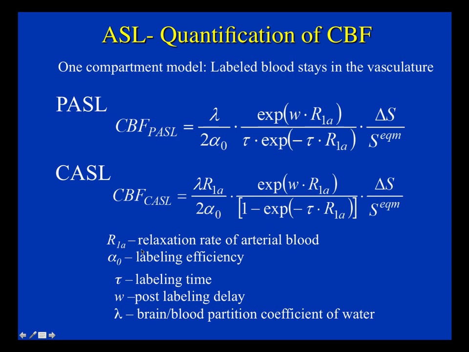This labeling efficiency can change a little bit from subject to subject. Since we don't actually measure this in every study, we will have a small variation of cerebral blood flow due to the error in the labeling efficiency. So the measurement of CBF using ASL is quite straightforward because it requires applying a scaling factor to the fractional signal change that we measured.